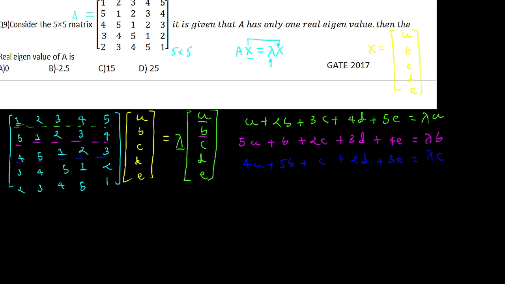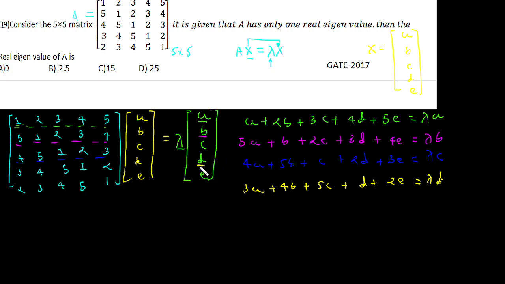Similarly for the fourth row, we get 3a plus 4b plus 5c plus d plus 2e, equal to lambda times d.